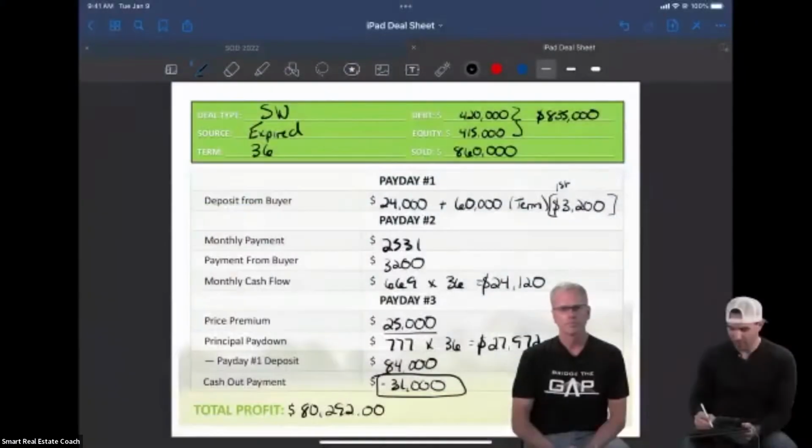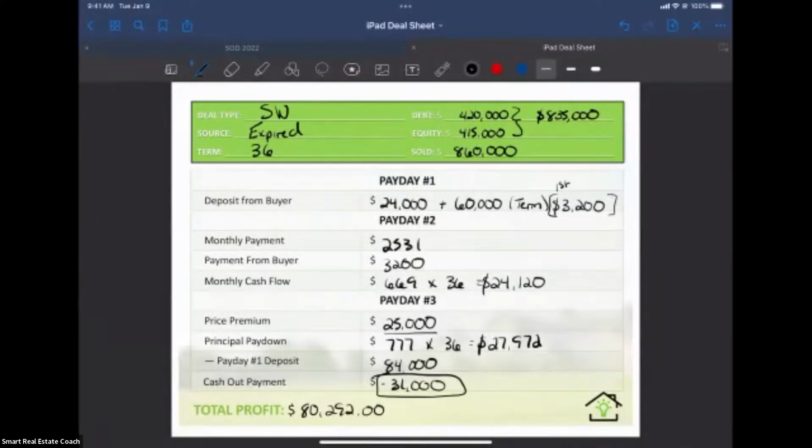Sure. This deal obviously was front end loaded. He got more non-refundable deposit than he had available in the deal. So the way payday 3 is calculated is the premium that's left over. He bought it for $835, sold it for $860. If there's any additional premium left over, and the principal paydown.